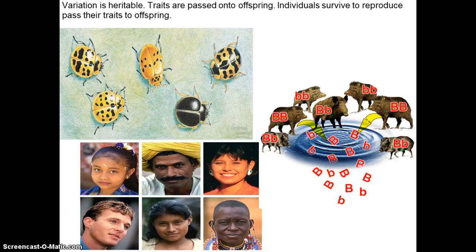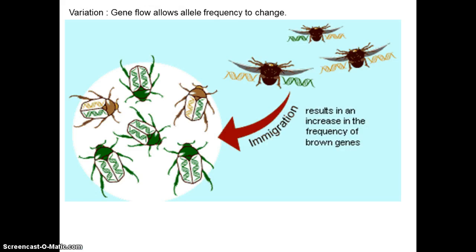First of all, in order for change, as Darwin mentioned, that variation is heritable. The traits are passed on to offspring, and individuals that survive to reproduce, their traits are the ones that are passed on. And of course, gene flow either can increase or decrease the allele frequency, or bring in a new trait.